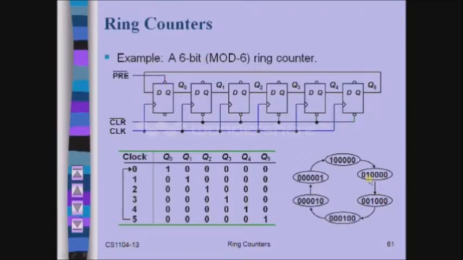So this is how for every clock pulse the data will be shifted towards the outside. So that means here we are going to get a total of 6 states. After 6 states, it is again going to get the initial state, that is 100000. So that is why it is called a ring counter. So for designing an n-bit ring counter, we require n flip-flops.